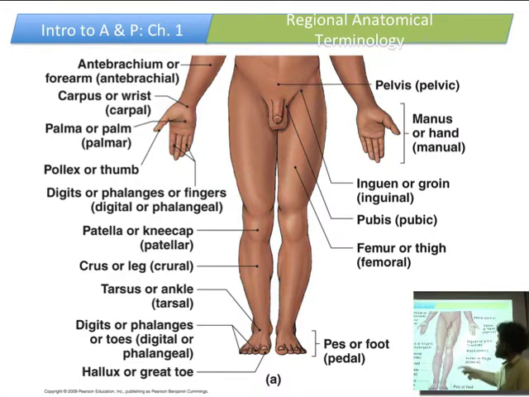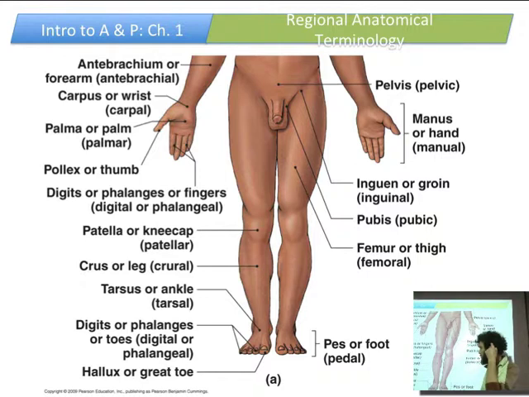The inguine is this region right here that runs from the ischial tuberosity to the pubic tuberosity. That's the inguinal region. Pubis or pubic region. Let me think what else. The femur or femoral region. The patellar region. The crus is your foreleg. That's one that you're maybe not familiar with. Crus or crural region is the foreleg.